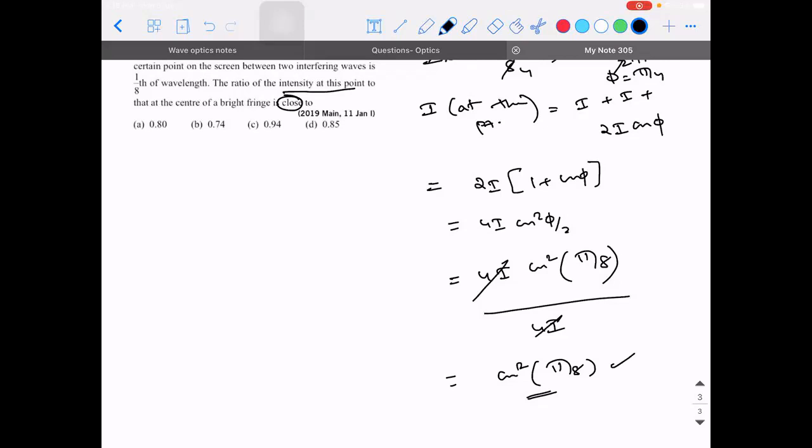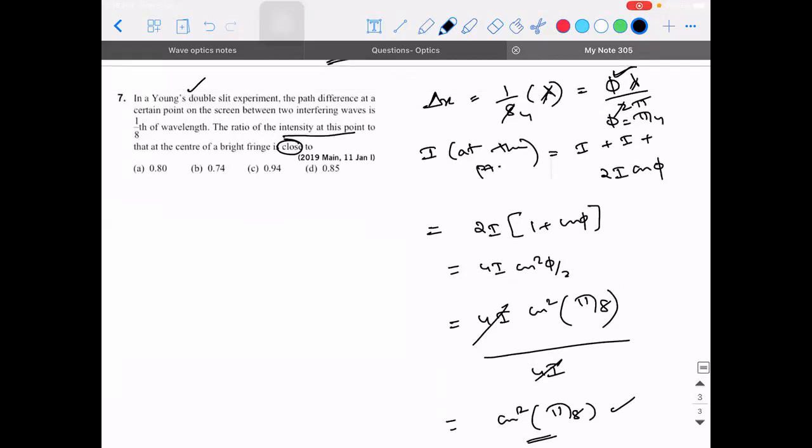Sir, we can use the half angle formula, right? Which one? To find cos square pi by 8. Yes, you can do that. Cos square pi by 8 is 1 plus cos pi by 4 divided by 2. That's what you need to do.